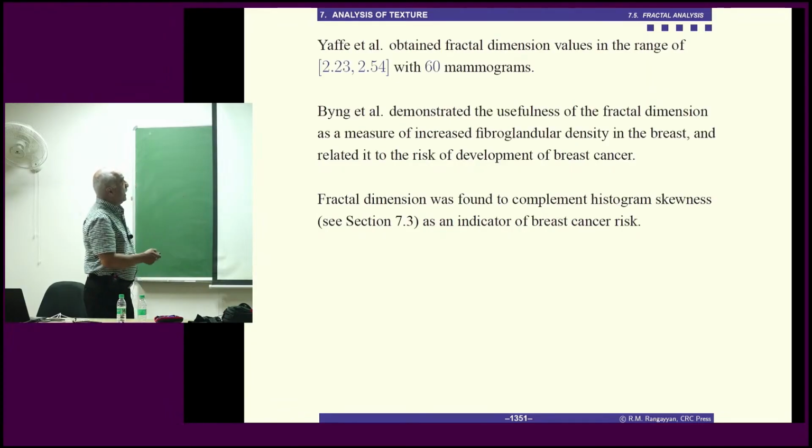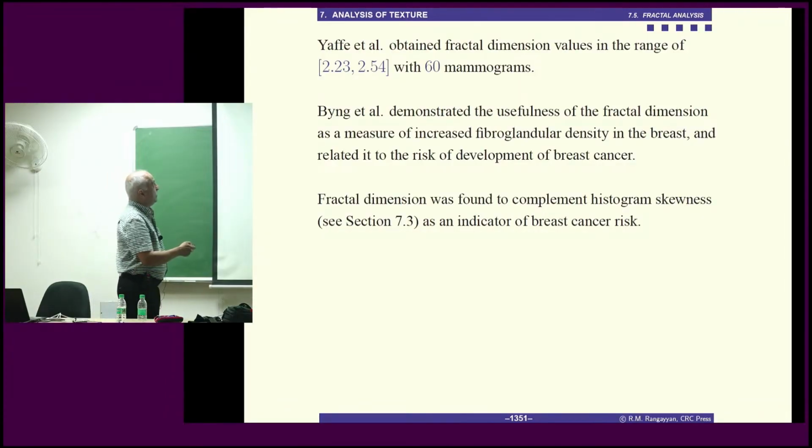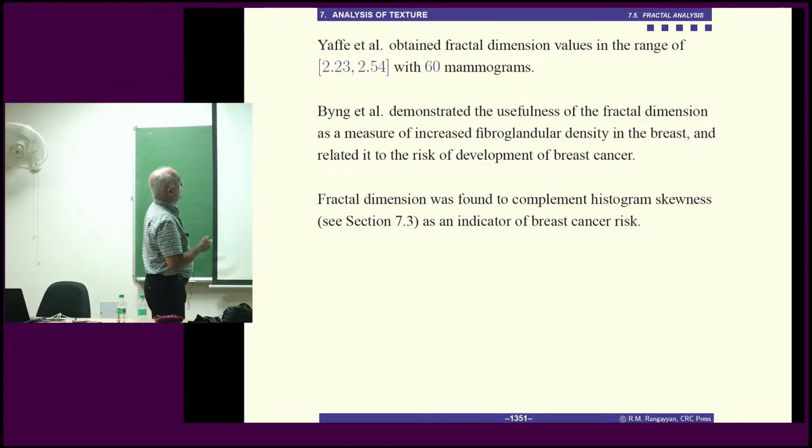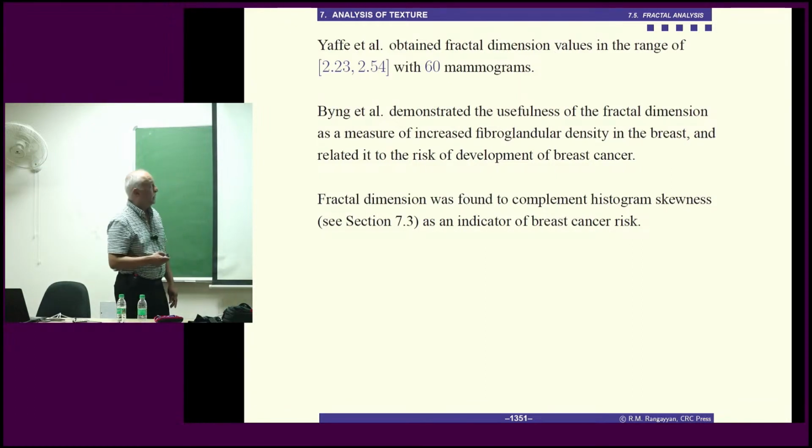So Yaffe et al. obtained fractal dimension values in the range of 2.2 to 2.5 with 60 mammograms. So they showed, Yaffe and others showed, that the fractal dimension was useful as a measure of increased fibroglandular density in the breast and related that to the risk of development of breast cancer.